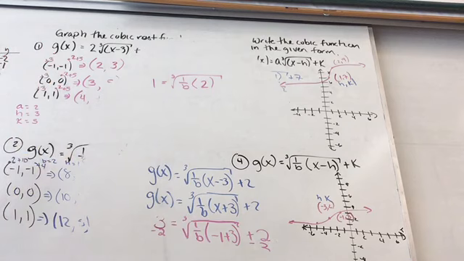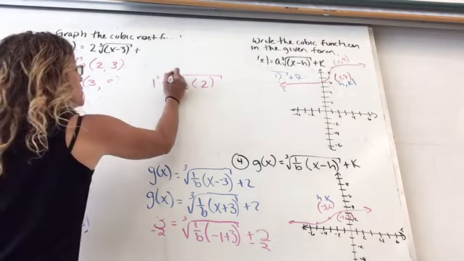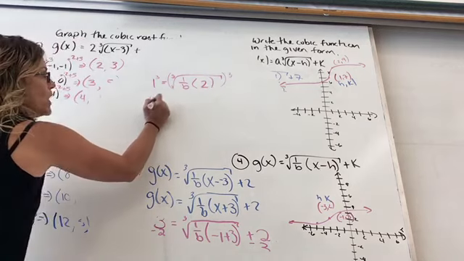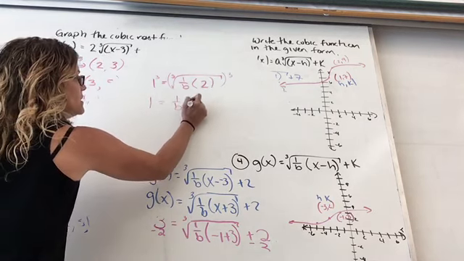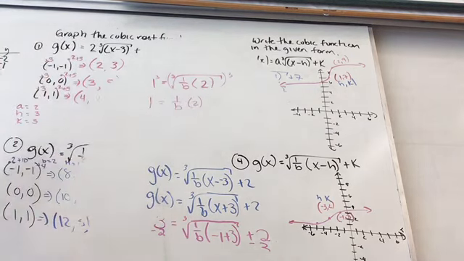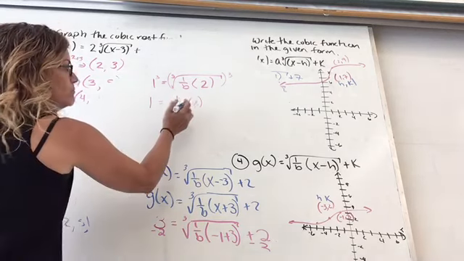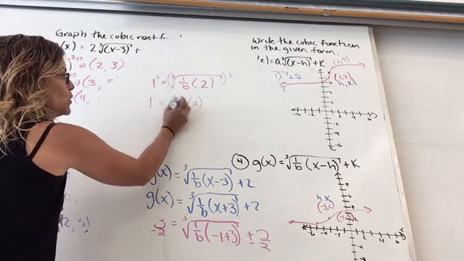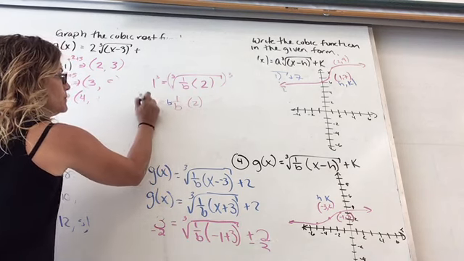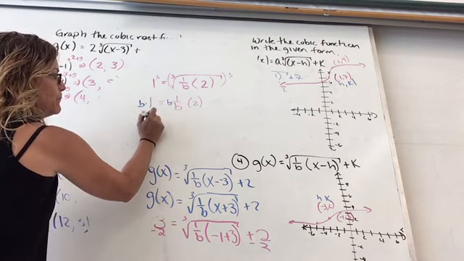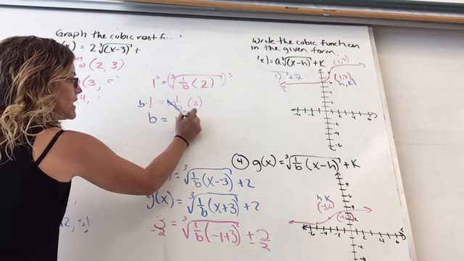Now, to get rid of that cube, because we can't take b out until we get rid of the cube, means I need to actually cube both sides. So 1 equals 1 over b times 2. We don't cube the 2 because it's inside the cube root. I am going to multiply both sides by b. So I get b equals 1 times 2.